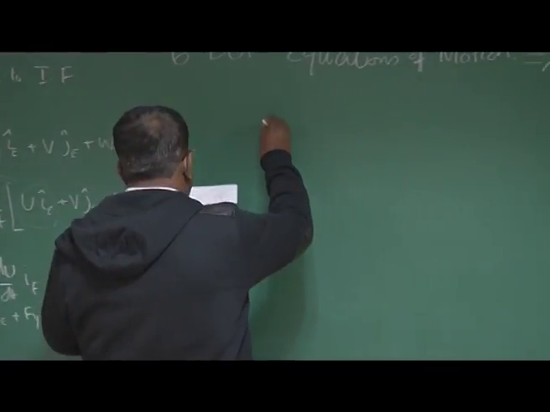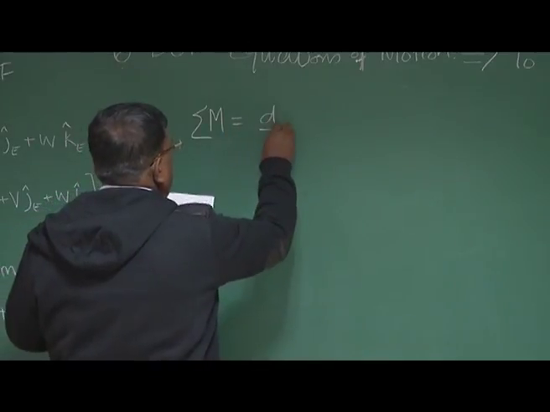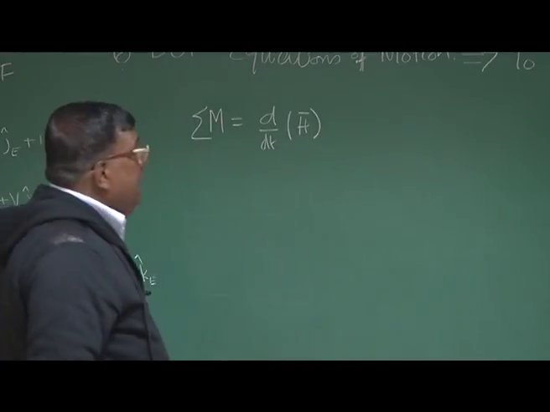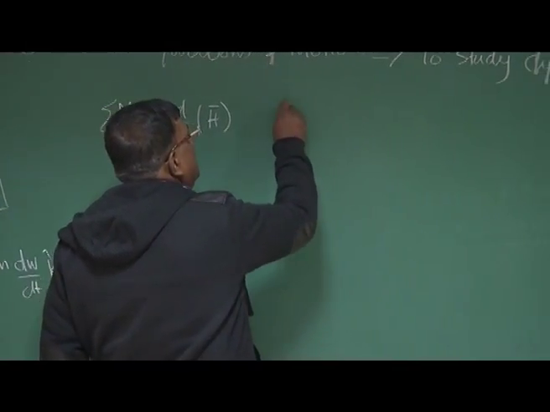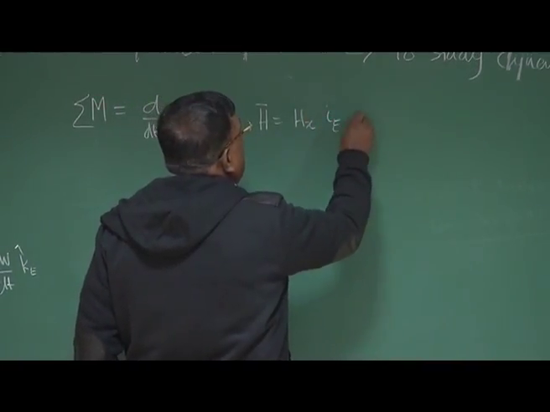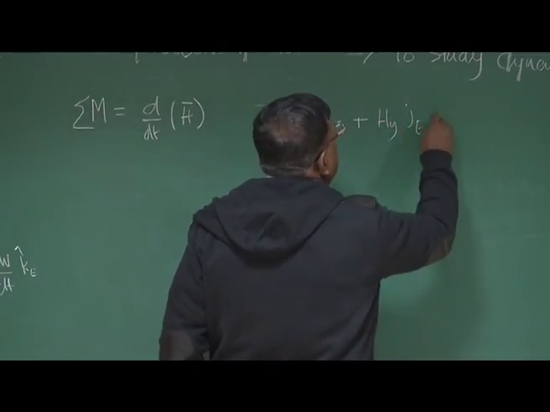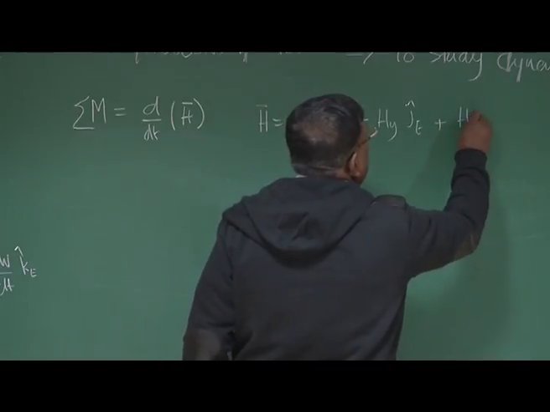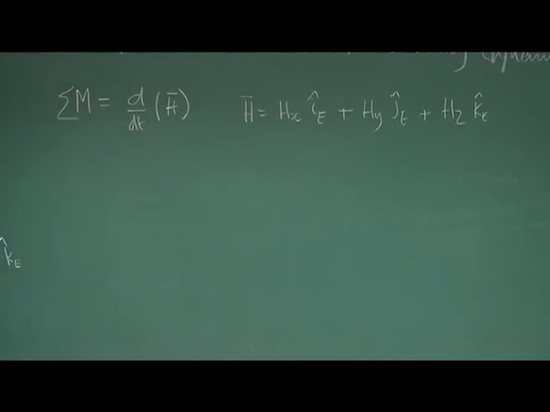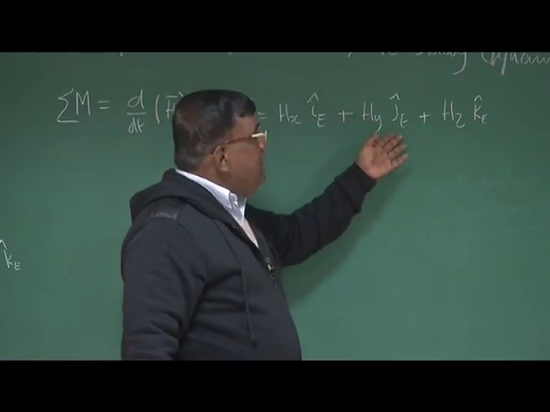Similarly, if I do this, the moment M is the summation of d by dt of h, and I write h as angular momentum, with hx, the x component along earth inertial frame, plus hy into JE plus hz into KE. So these are components of total angular momentum along the inertial frame, which is earth fixed IE, JE and KE.